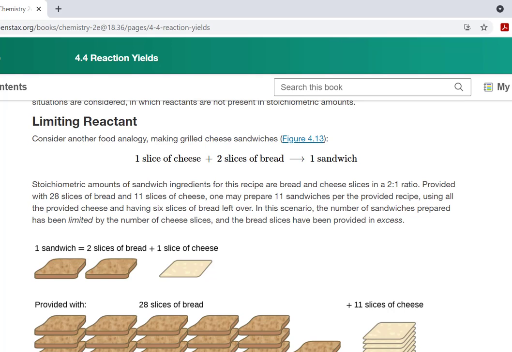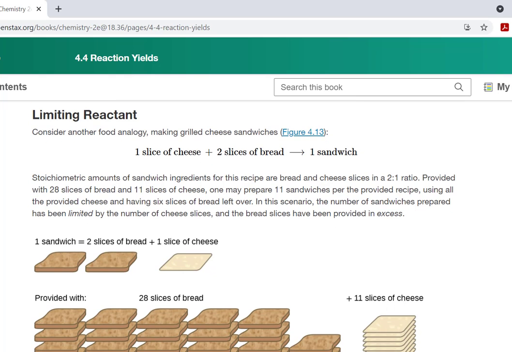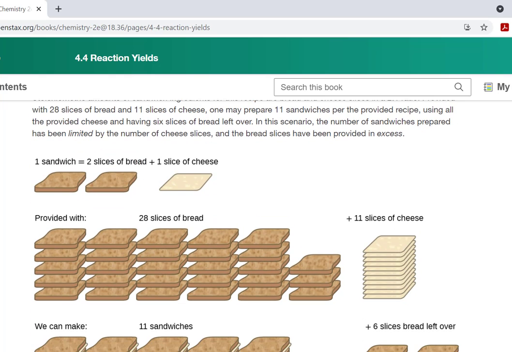And the number of sandwiches you could make will depend on both the number of cheeses and the number of breads that you have. So again, this is our basic recipe, or similar to a chemical equation. Let's say we're given 28 slices of bread and 11 slices of cheese.